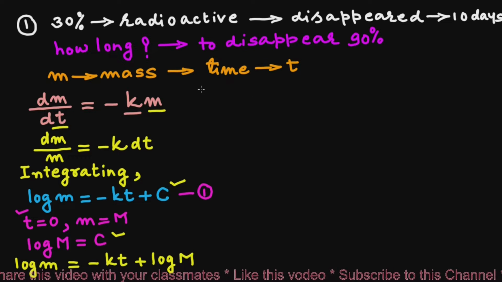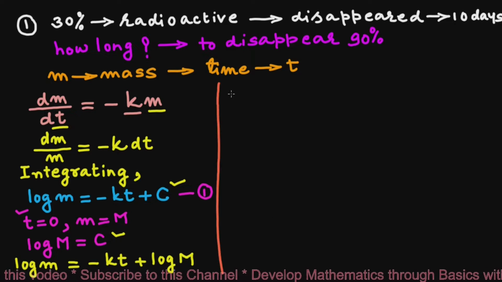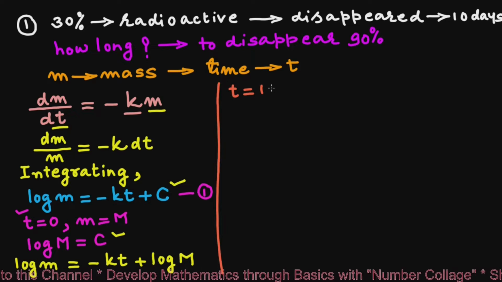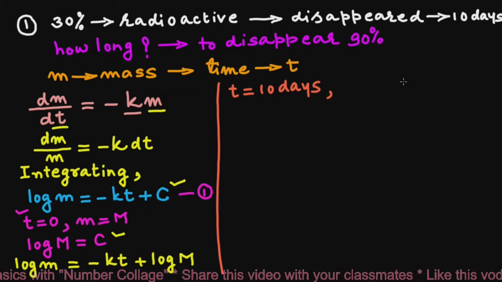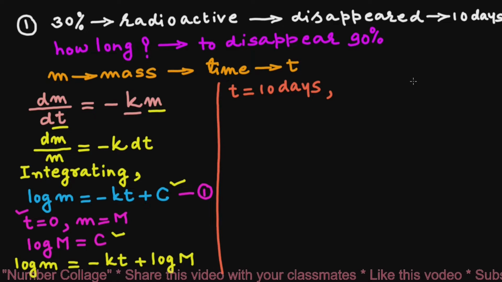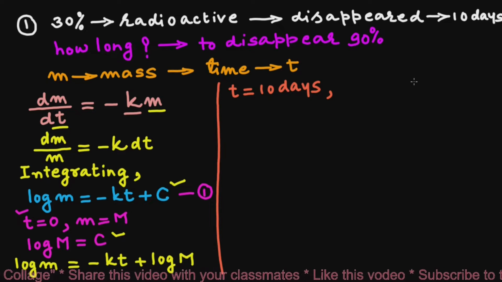According to the next condition, it is given that at time t = 10 days, 30% of the mass disappears, which means that 70% of the mass remains behind.